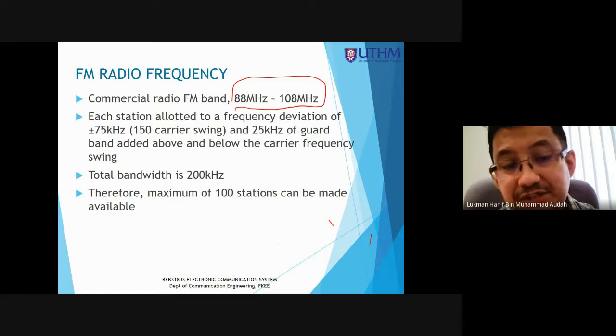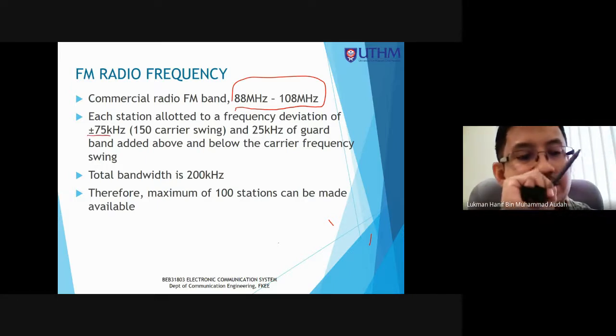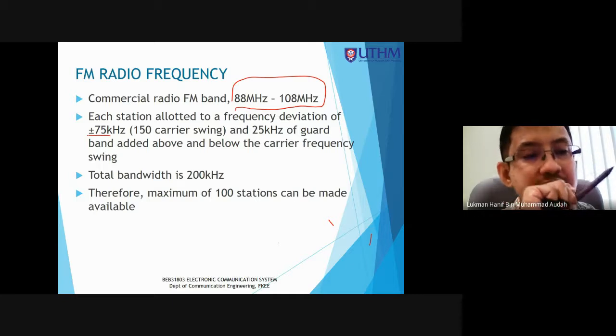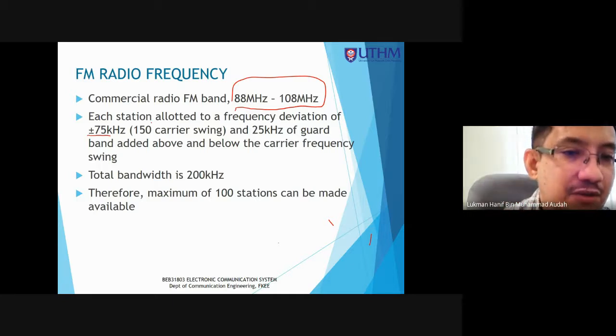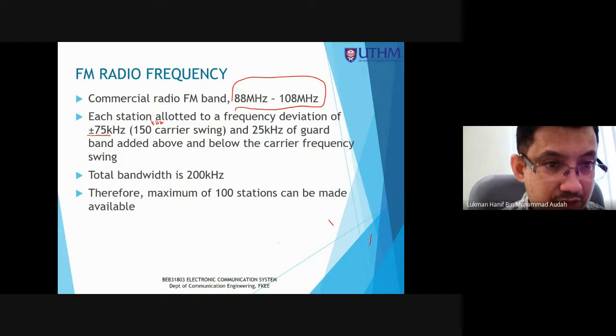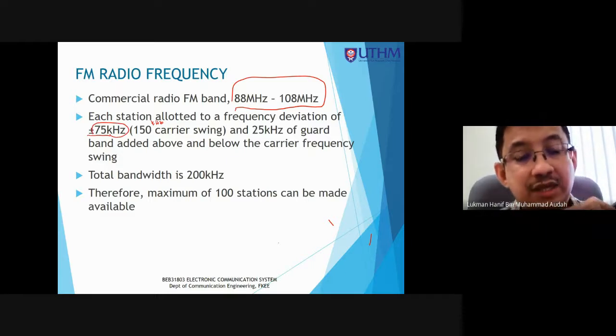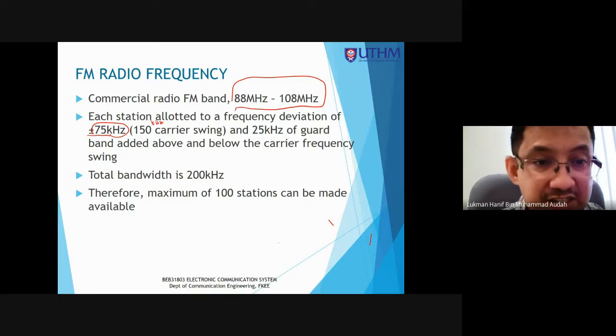Each station or each channel is allotted a frequency deviation of plus minus 75 kHz. Okay. That means this is 150 kHz. 75 kHz multiplied by 2, you will get 150 kHz, which is the carrier swing.